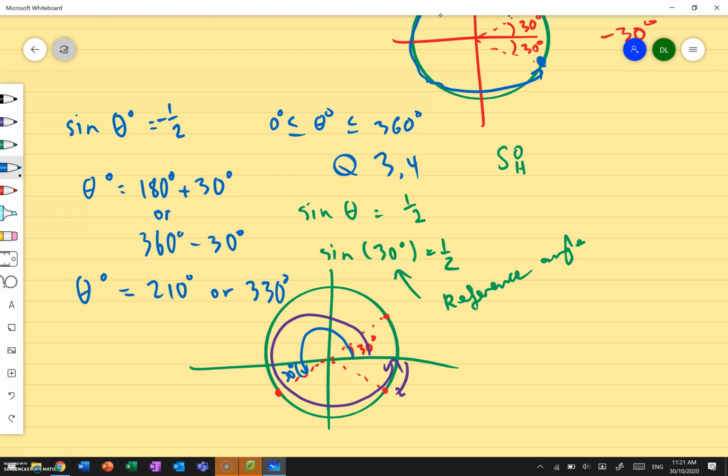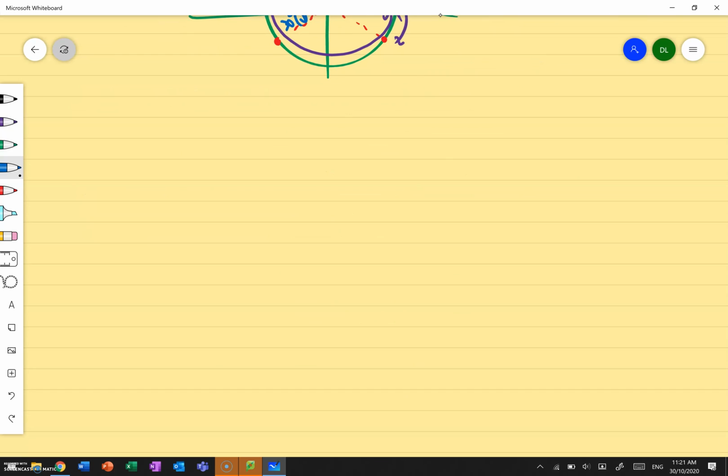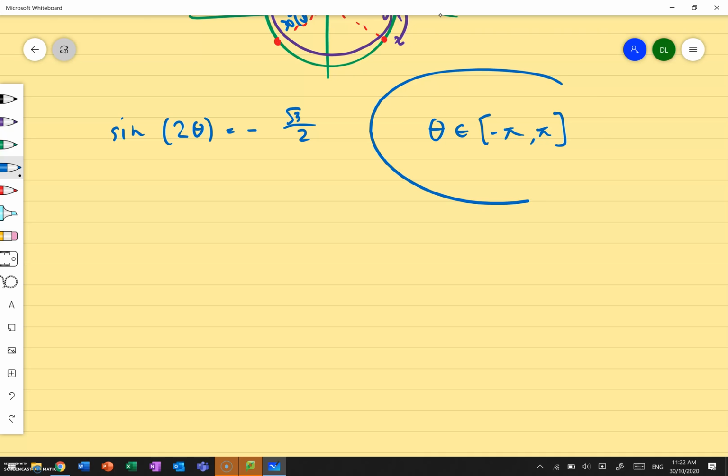I'm going to introduce the next little bit of spanner in the works. Let's say I have sine of 2 theta equals negative root 3 on 2, where theta is an element of negative pi to pi. What does this mean?